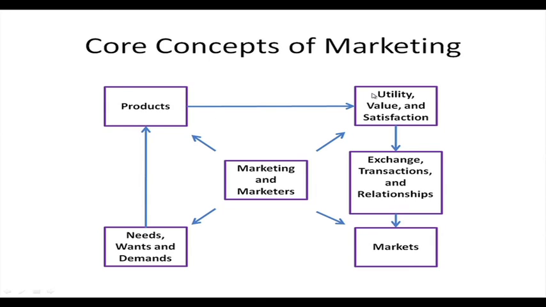Product has certain utility for the users, provides certain values and makes the customer satisfied by exchanging the products in the market. Thereby, a transaction takes place and a relationship grows, and thus the company enters the market. That is the job of marketing and marketeers, and that is how they influence all these 5 aspects of marketing.